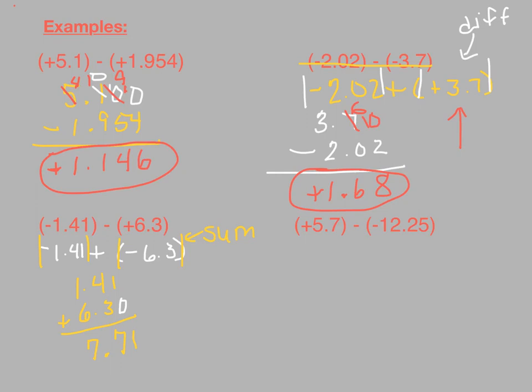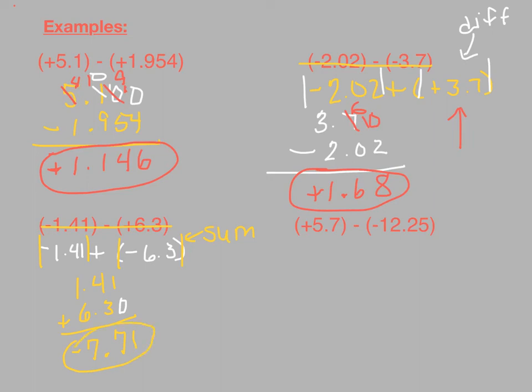I do apologize for those of you that were confused. But remember, I just add straight down, so it would have been 1 plus 0 is 1, 4 plus 3 is 7, 1 plus 6 is 7. Drop down the decimal, I've got 7.71. I take the sign from the larger absolute value, but here, remember we're looking at the addition problem, not the original subtraction problem. I find that my answer will be negative.